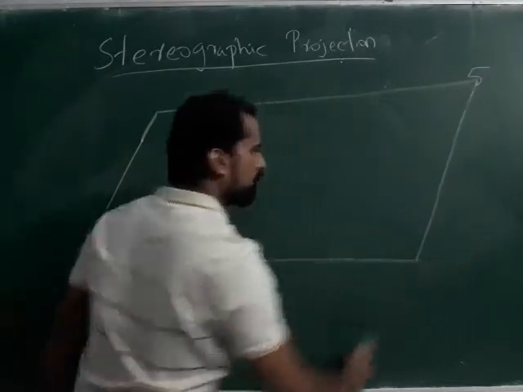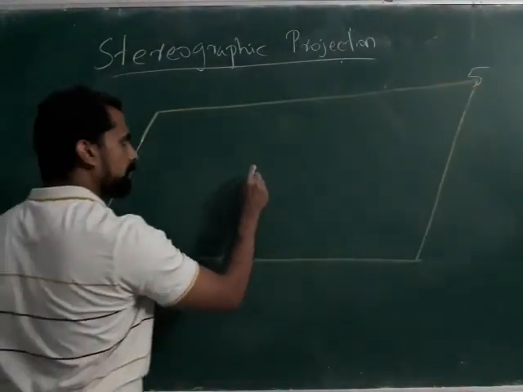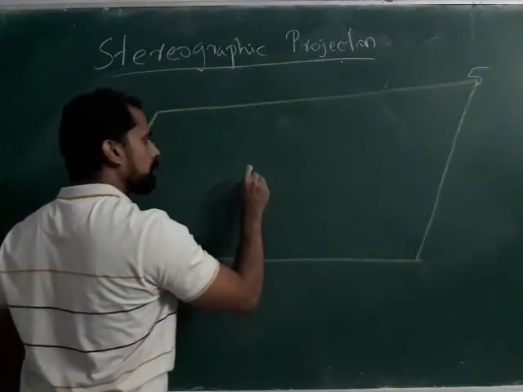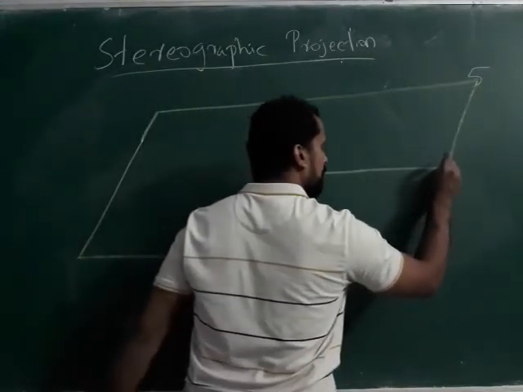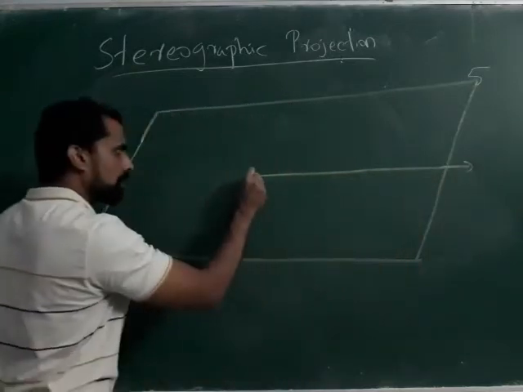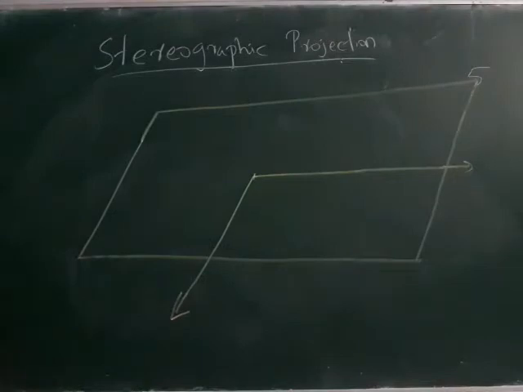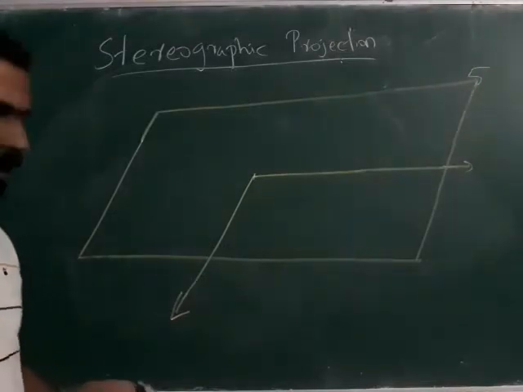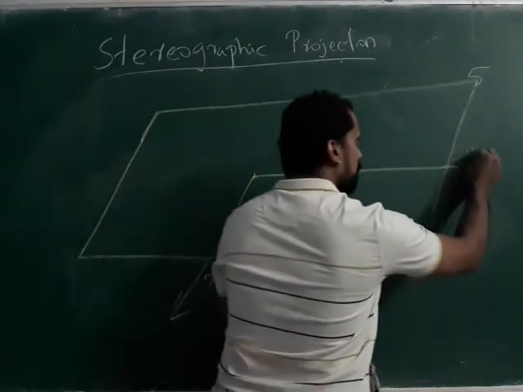This is my complex plane. What I am going to do here, I have the axes like this. Okay, and here you have your x and y.